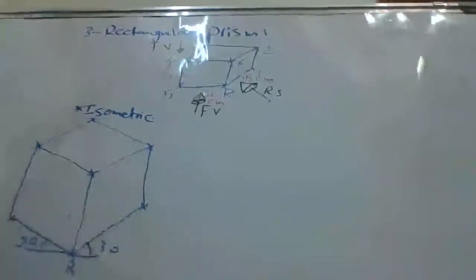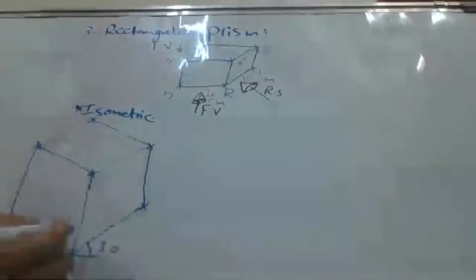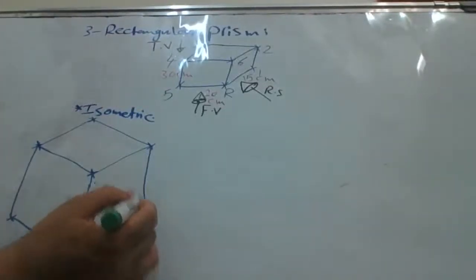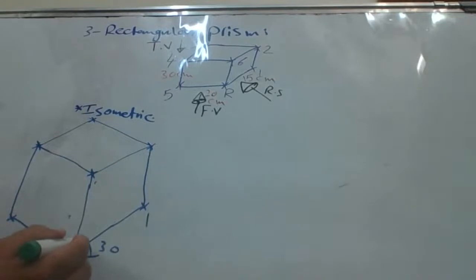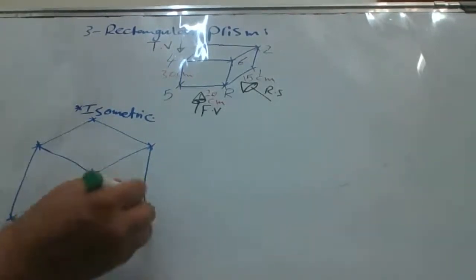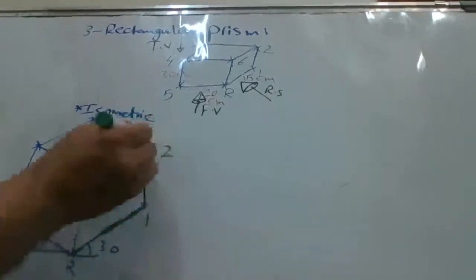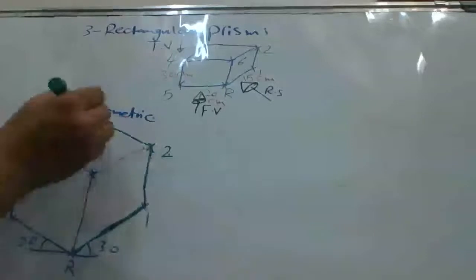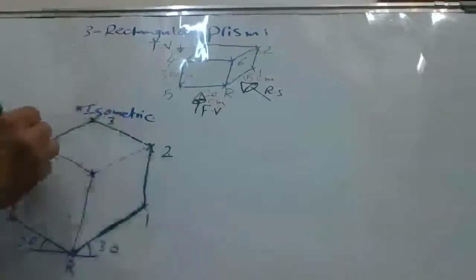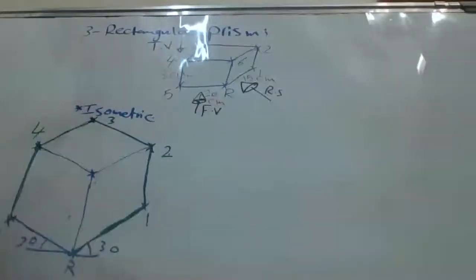Now let us put this standard shape. We start from R. This is the length 1, 1, 2, 3, 4, and 5.